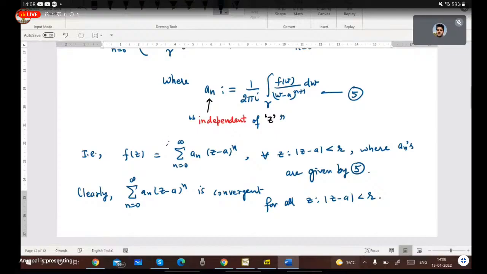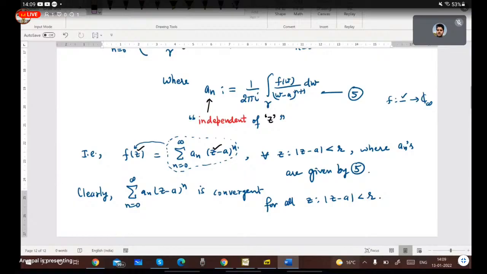Because we are seeing that the value of this infinite sum can be given with the help of the value of the function at that point. Whatever z you take, the sum of this series is coming out to be finite. Is this okay, class? If you remember, our function is going into C, not into C infinity.